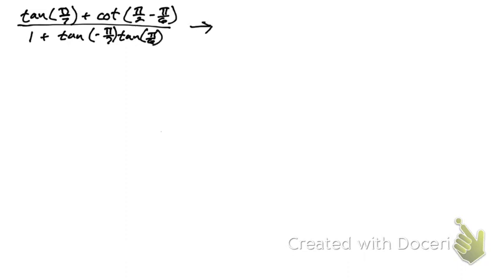And we want this to match up with tangent alpha plus tangent beta all over 1. Well, if I have a plus on top, I need a minus on bottom. Tangent alpha, tangent beta. It has to match up with that. You need to have just one alpha and one beta.